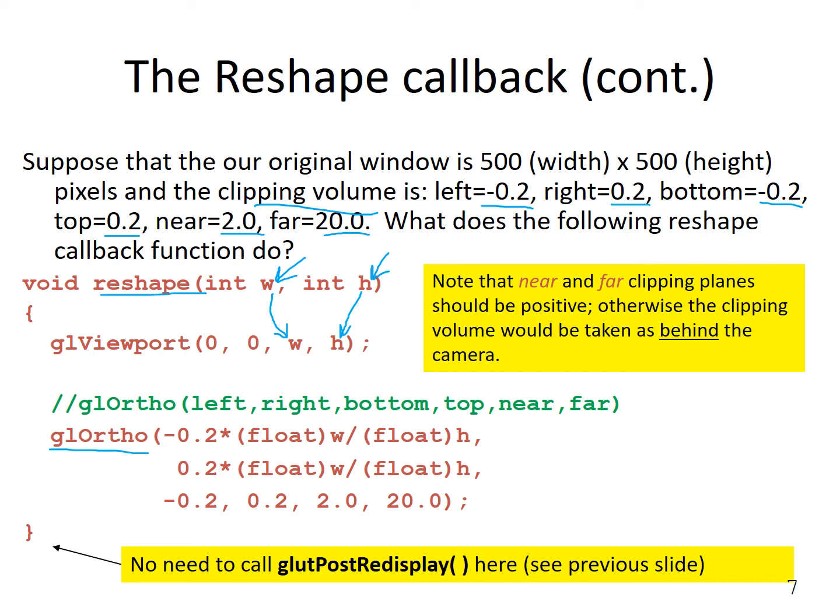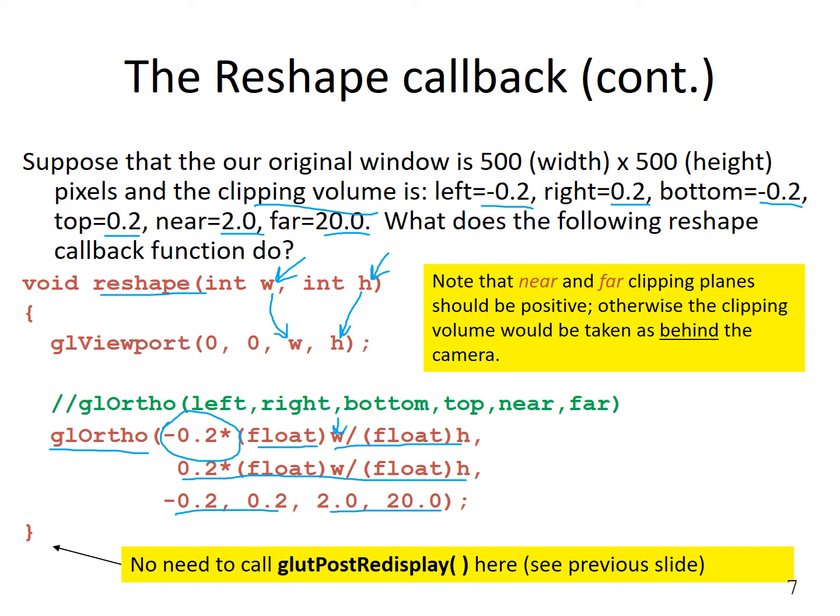And here it is multiplying the -0.2 with the new aspect ratio of the window, which is width to height, and it is converting the integer values of the width and height to floats first before it performs the division. And the same goes for the right side clipping plane. The bottom, top, and near and far planes are left exactly as they are.